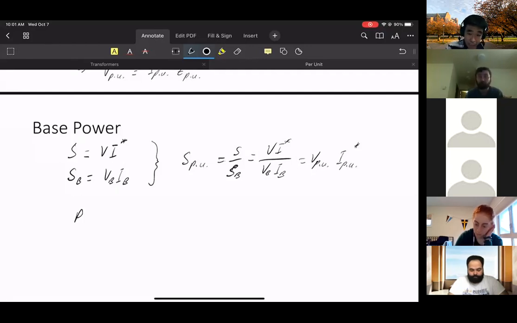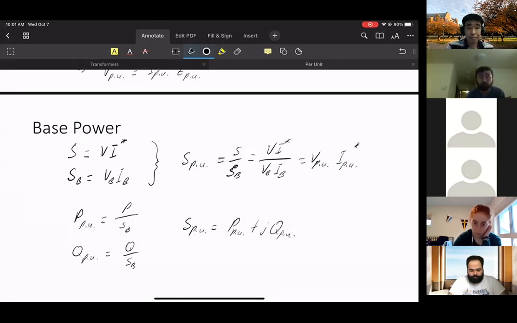Then if you talk about active power and reactive power, you divide them by the same base power, okay, by the base power. And what we have is the per unit quantity. One thing to note about power is that there is not a notion of base active power and base reactive power.